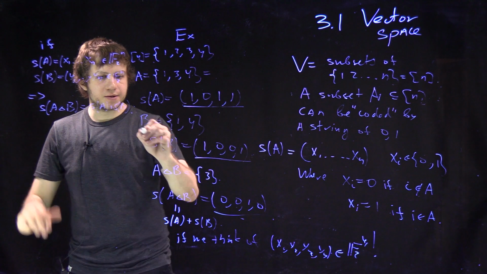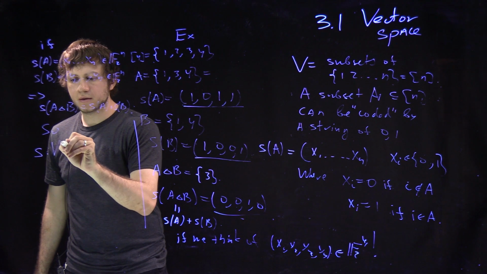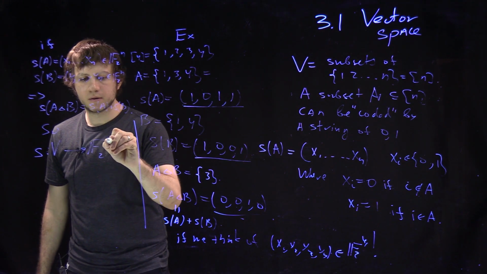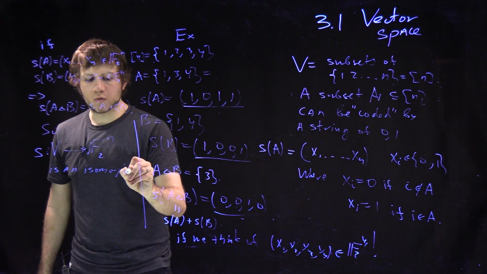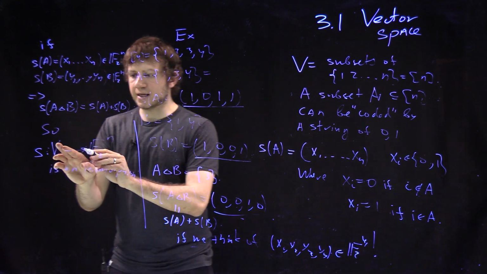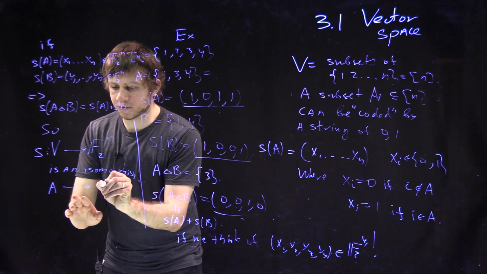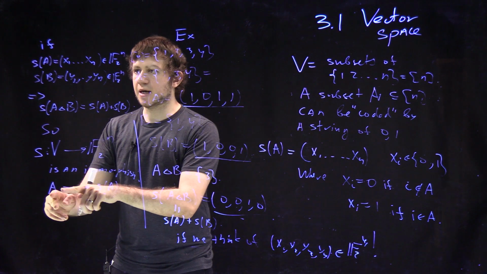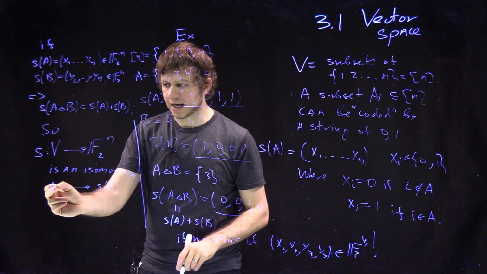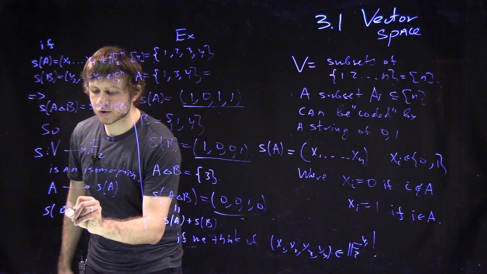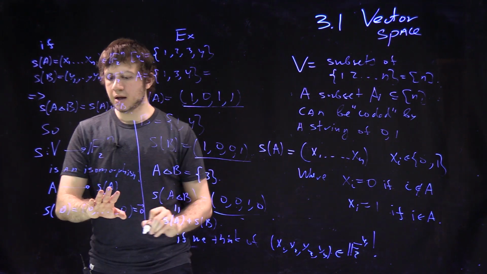Cool. So what do we get? S from V to F2 power n is an isomorphism. It sends every vector, which is a subset A, to S of A, and it sends sum to sum, as I just explained. If you multiply by 0, you get the empty set, and of course S of the empty set is just a string of zeros, which is exactly the 0 vector in F2 power n.